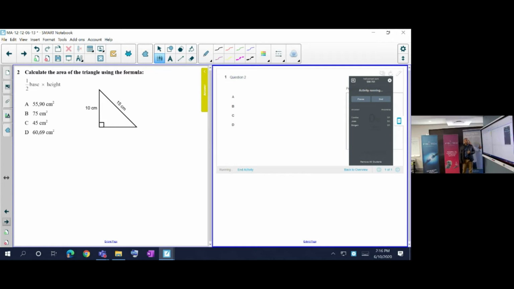So remember, the height must be perpendicular height to the base. So you have 30 seconds to finalize your answer. Let's see your answers.